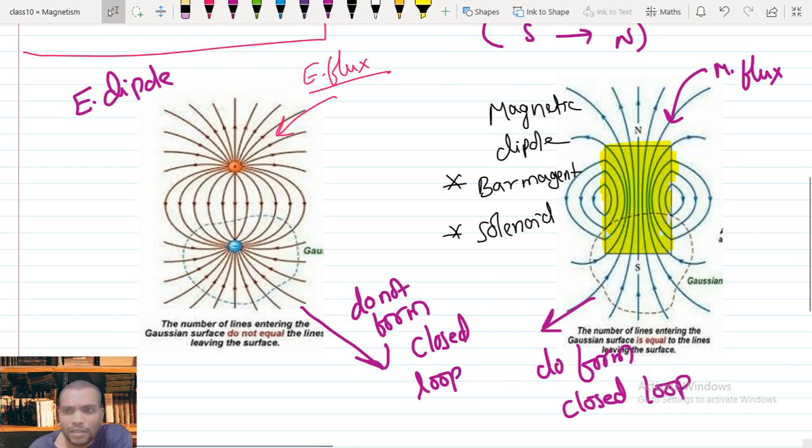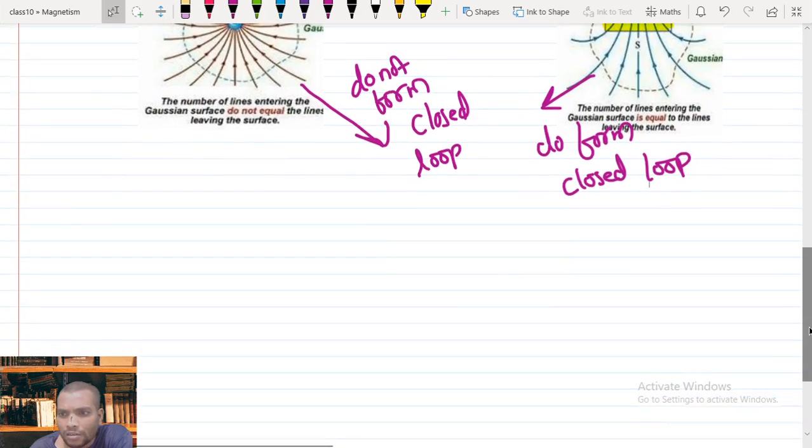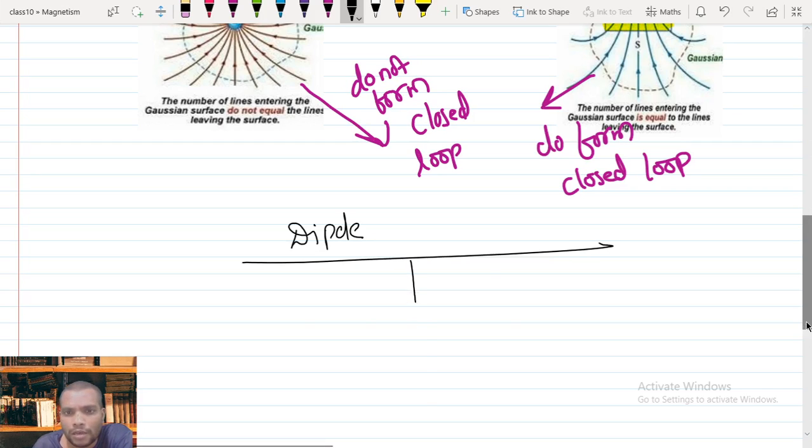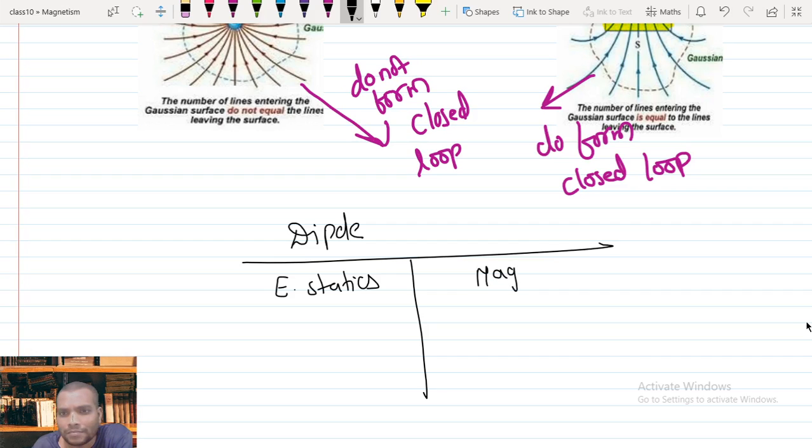If I write further as an analogy study of the same concept, we have the dipole concept in both electrostatics and in magnetism. Let us try to see how the terminology differs.